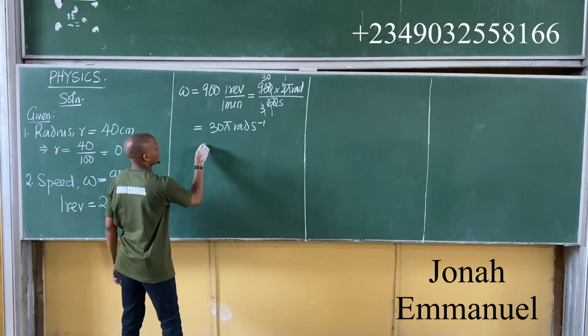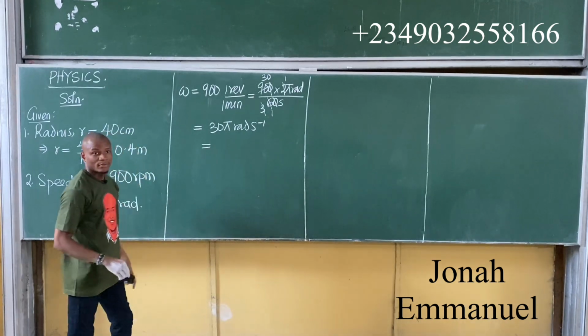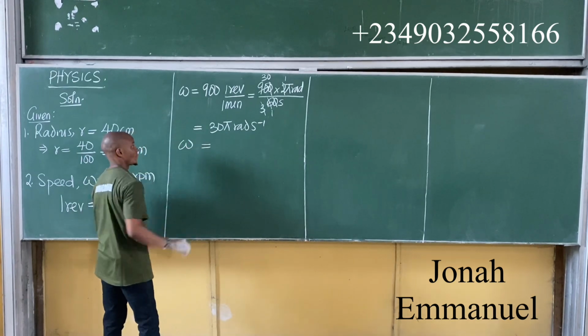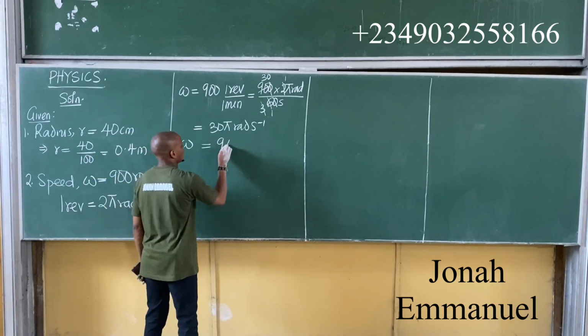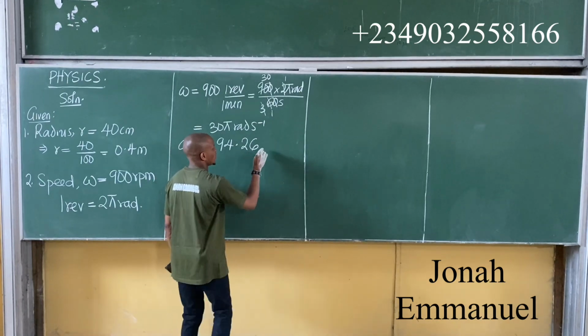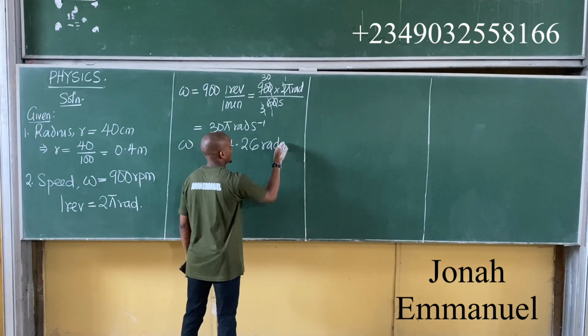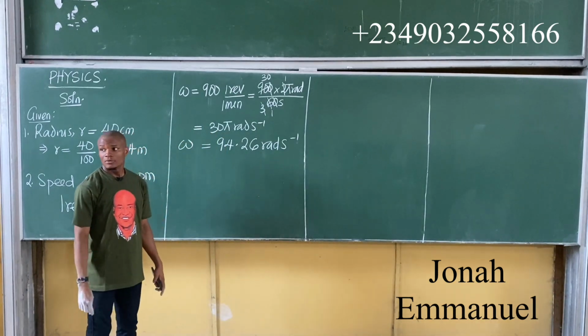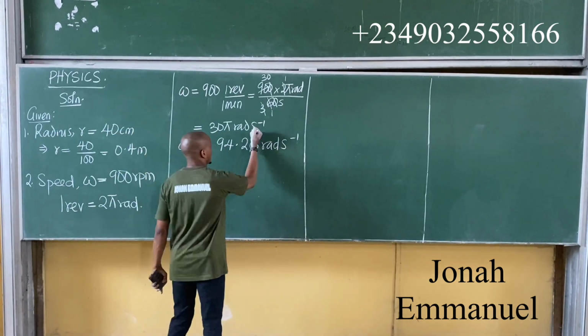Please punch 30 pi. What do you get? 94.26 approximately, in rad per second.